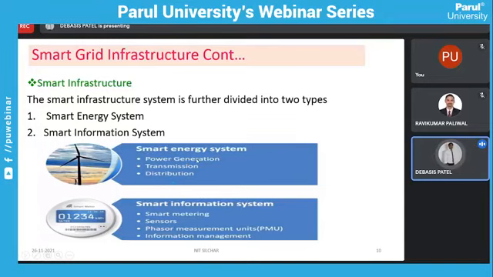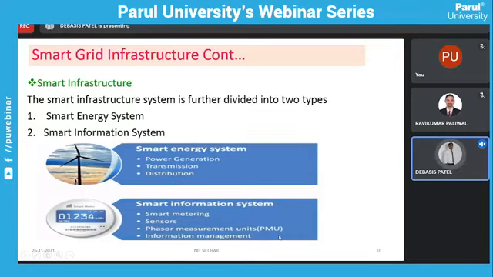Smart energy systems like power generation, transmission and distribution, we discussed this also. Smart information also covers smart metering, sensors, phasor measurement unit, and information management. We will see what the smart information systems and equipment are in detail. In the smart energy systems there is the physical layer, and smart information and communication are the other three layers.